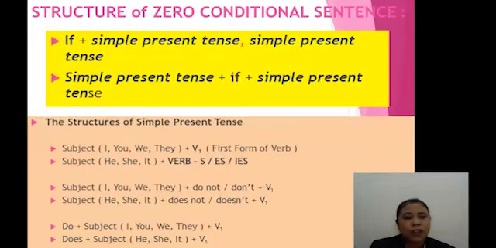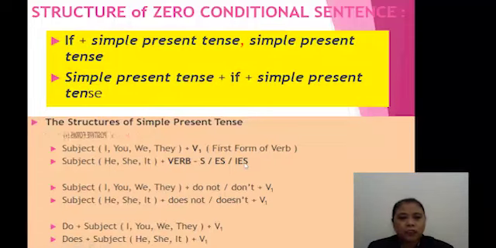Remember the structure of simple present tense. Subject I, you, we, they, plus verb 1. If the subject is he, she, it, the verb must be plus s, es, or is.